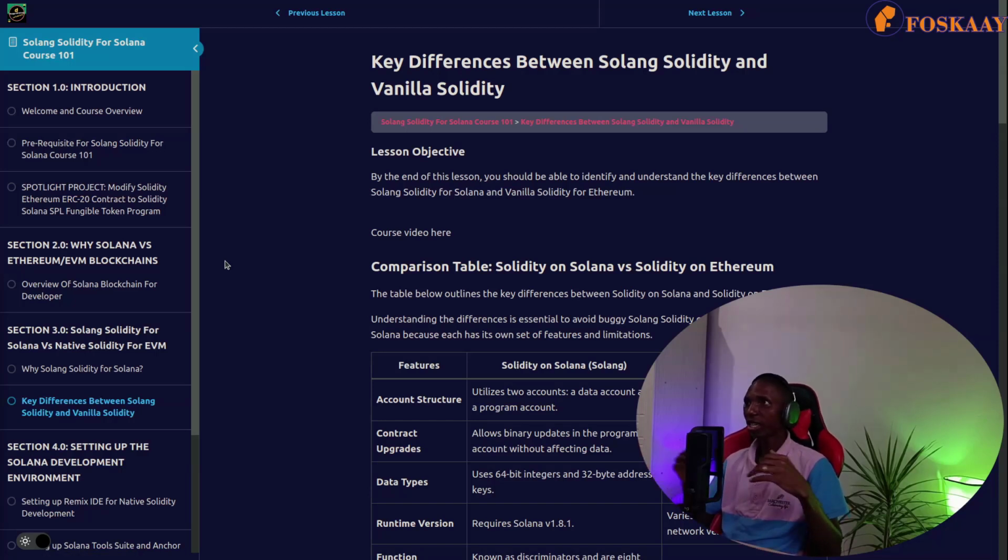Like I said, by the end of this lesson, you should be able to identify and understand the key differences between Solang Solidity for Solana and vanilla Solidity for Ethereum. Like I've told you, Solang Solidity is just a flavor of Solidity. It's still purely the Solidity programming language, adheres to a lot of things, and even tries to be as compatible as possible.